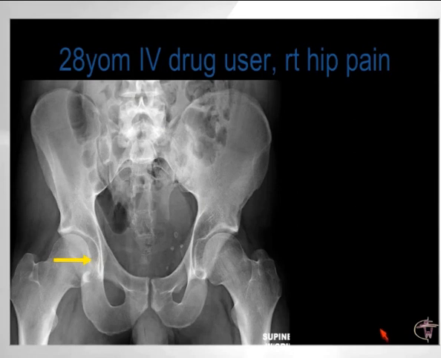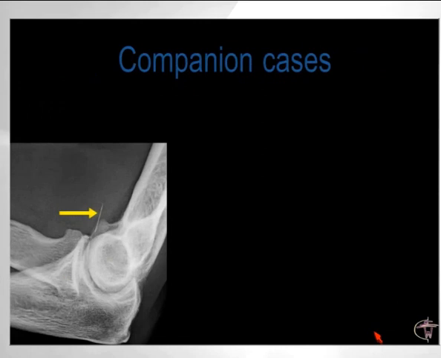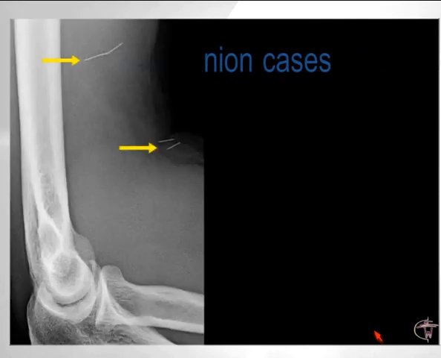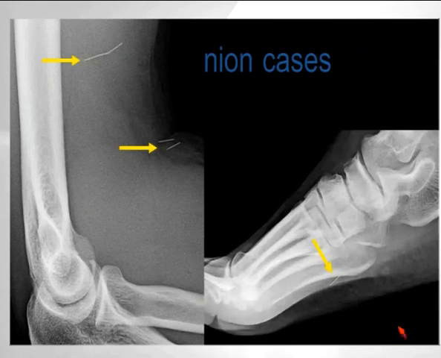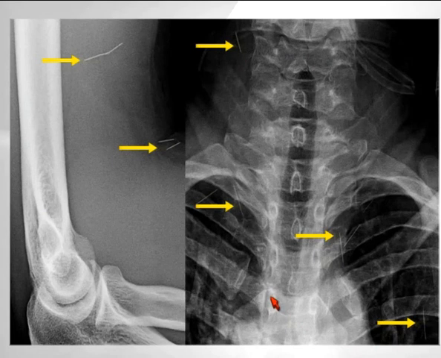So as is always the case, a second view is a golden view, because the frog-leg lateral clearly shows the retained needle fragment of this IV drug user. Here are some companion cases: antecubital fossa, several needles in the antecubital fossa. Here's one in the foot, and if you run out of extremities, you may inject into the veins of the neck, and then this may be the appearance.